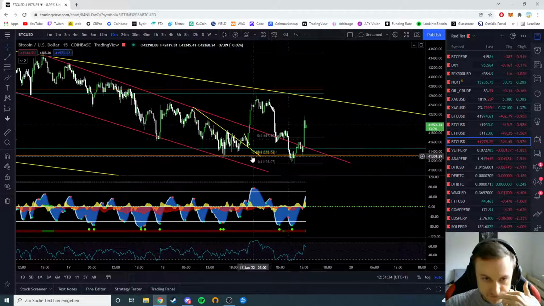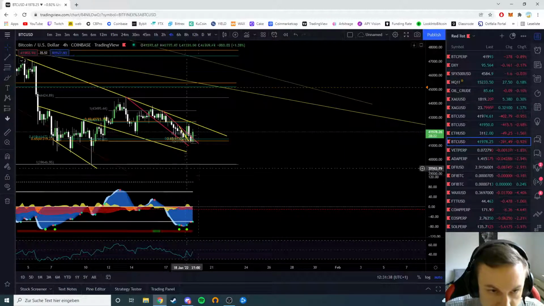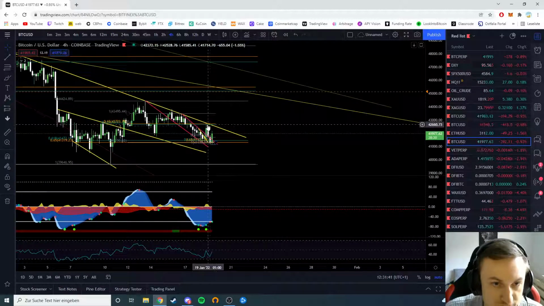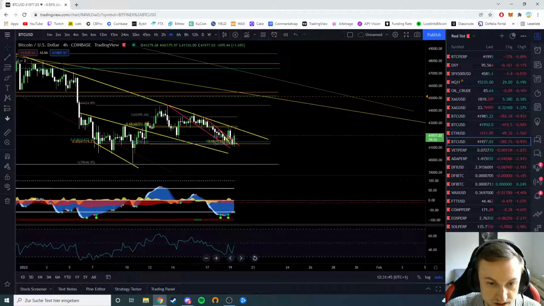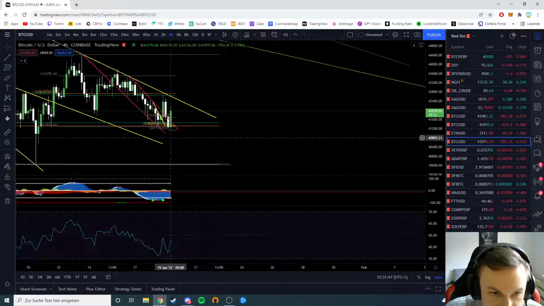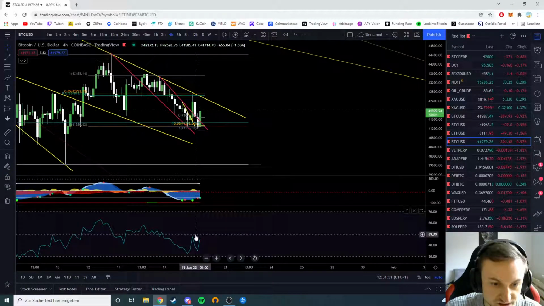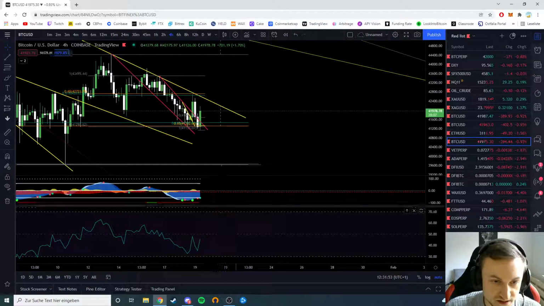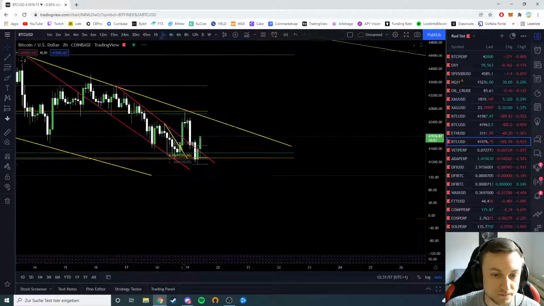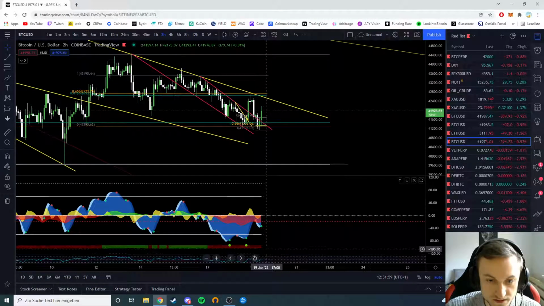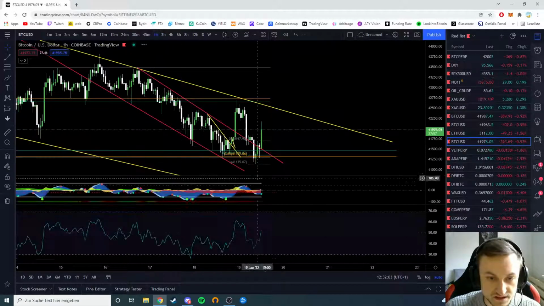If we go back to the 4-hour chart, we came back to the trend line, got rejected of it very hard, and came back, made a lower low, and created a beautiful bullish divergence now on the 4-hour chart. As you can see on both oscillators, you can see it on the 2-hour, beautiful everywhere. You can see it on the 1-hour.